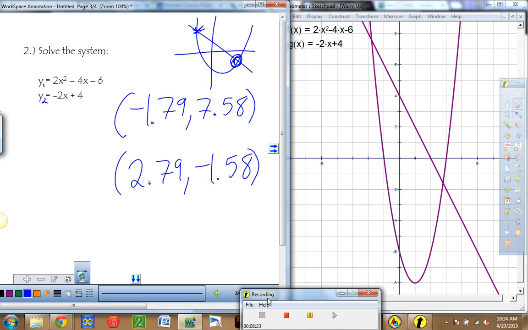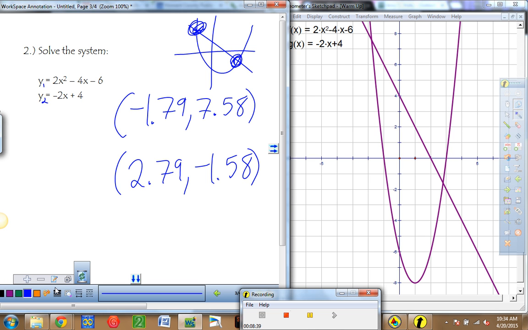So go back to the second trace intersection. But you have to start with the cursor near the intersection that you are looking for. So if you got this one, you're just going to trace all the way over so that you're close to here, and then you're going to do it again. That's all you have to do.